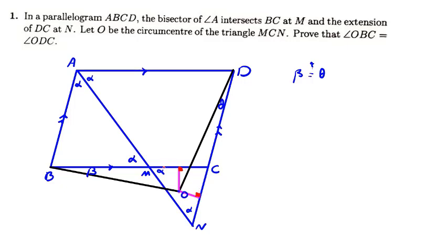Also, because it is an isosceles triangle, you can say this length is X, this length is X, and this length is X. I want to prove theta equals beta. If I call this one, for example, TK, and I prove that OBK is congruent to ODT, then beta equals theta.